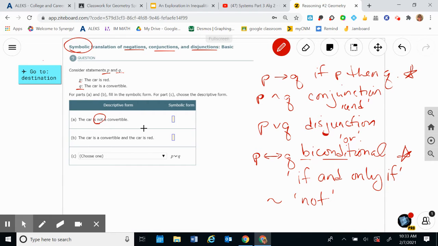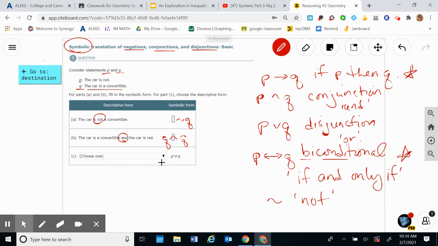So it's the negation. So how do you represent it? It's not Q. The car is a convertible and the car is red. So the car is convertible is Q, so we put that first. And then you're going to put a conjunction because it's and the car is red.